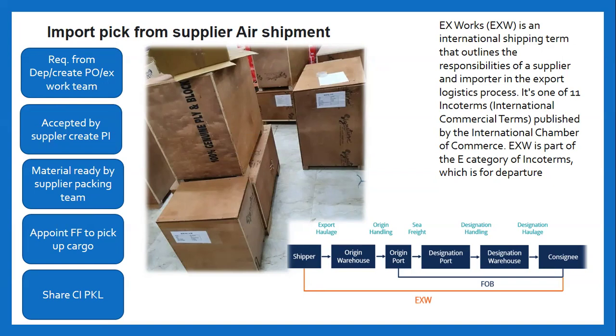In this process, if our factory department requires any machinery parts or any goods for the plant, they intimate the supplier. First they prepare the purchase order, on the basis of the proforma invoice.